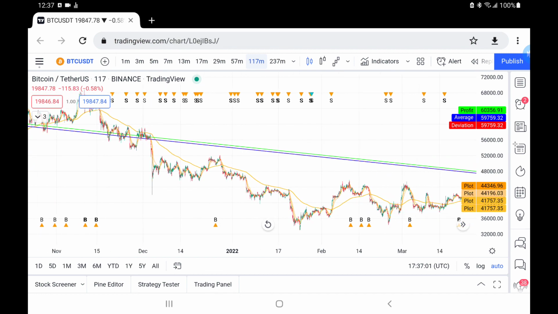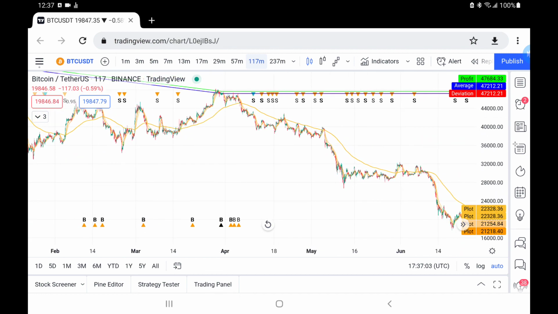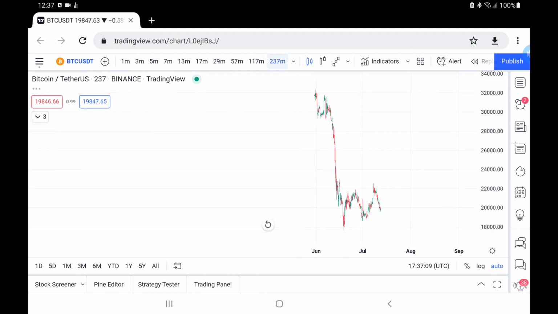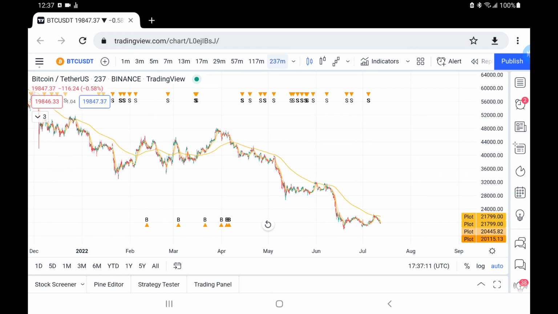Now let's get to the highest time frame of all, roughly the 4-hour one. And as you can see, in every single time frame, the risks never dramatically increased. That is the kind of recipe we want.